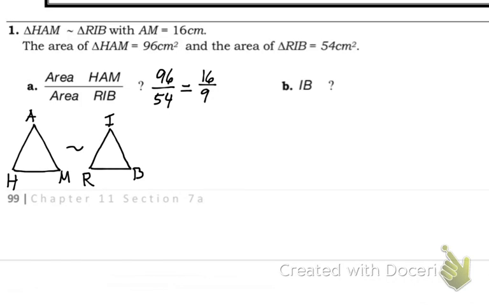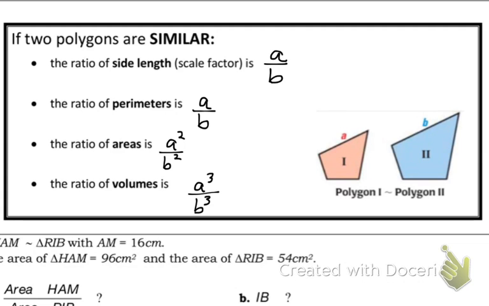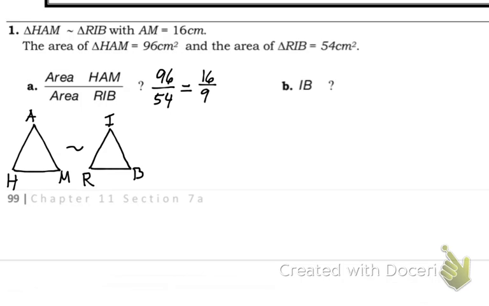But remember that the ratio of areas is actually A squared over B squared. So in order to get my scale factor, maybe I'll put it right here, my scale factor, we're going to take the square root of 16 over the square root of 9, which is going to be 4 over 3.